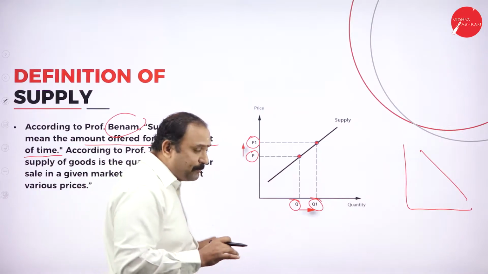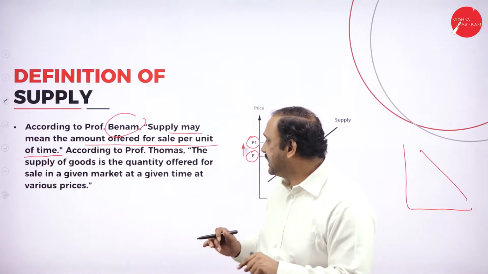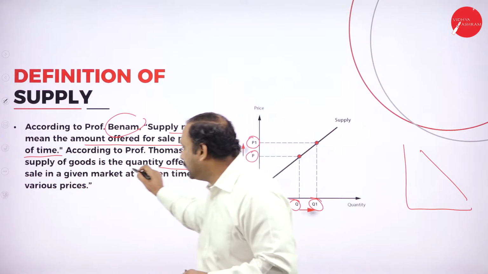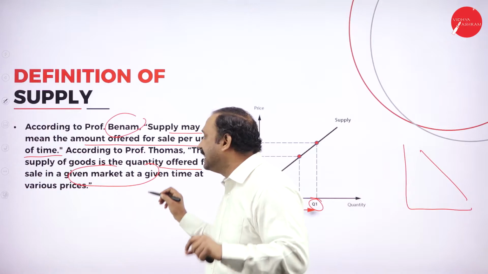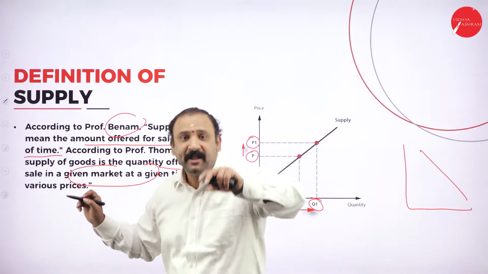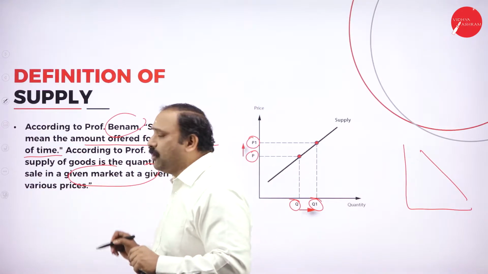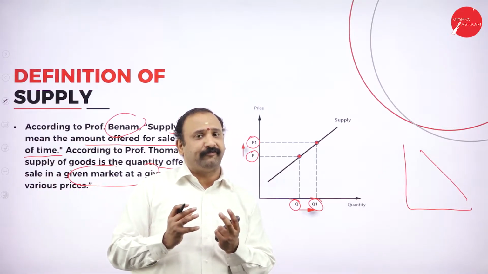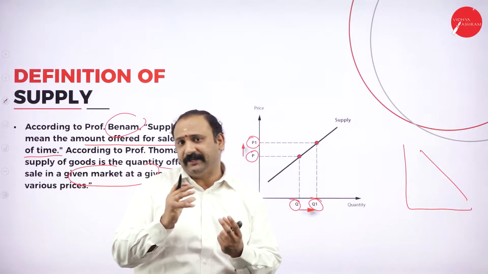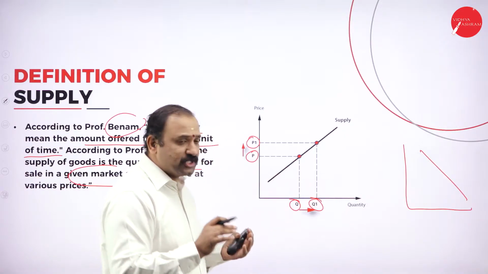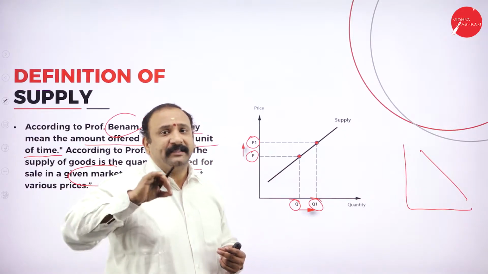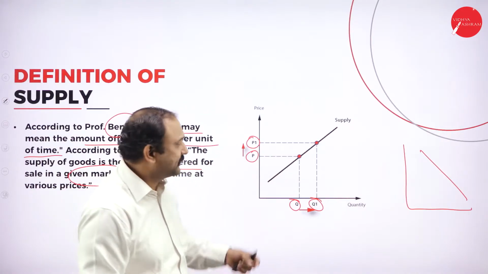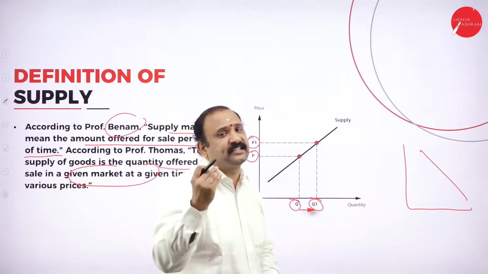Now, Professor Thomas also defines it, saying that supply of goods is the quantity offered for sale in a given market at a given point of time at various prices. So again, we are touching upon two important factors, the price and quantity, and the time factor altogether. At that given point of time, the price and the quantity that is available in the market is what we know as supply.